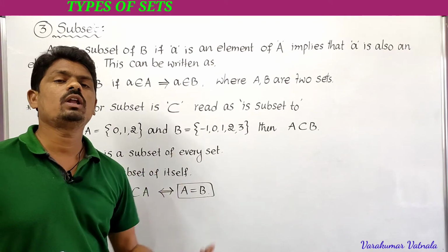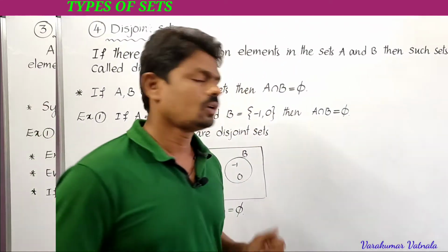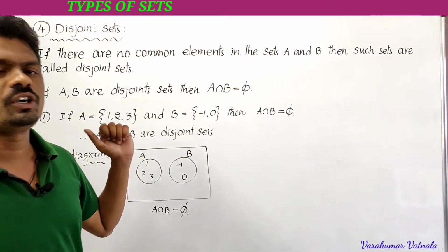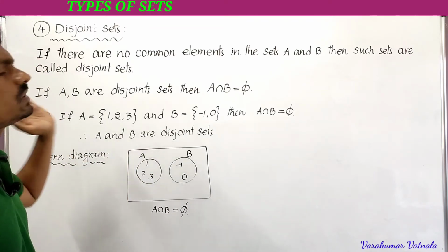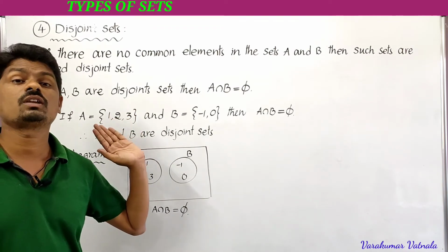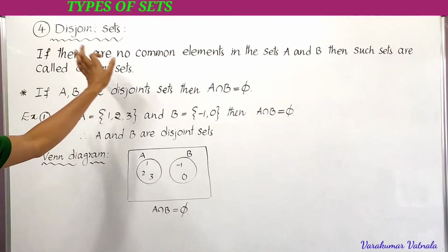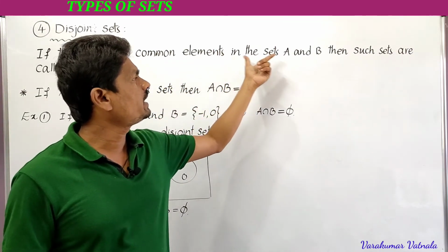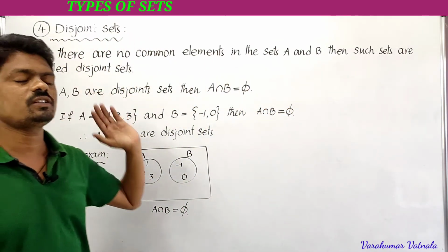So next we have to learn about disjoint sets. See here, very very important. What are disjoint sets? Every time it is asked as a 1 mark question. So if there are no common elements in the sets A and B, then such sets are called disjoint sets.